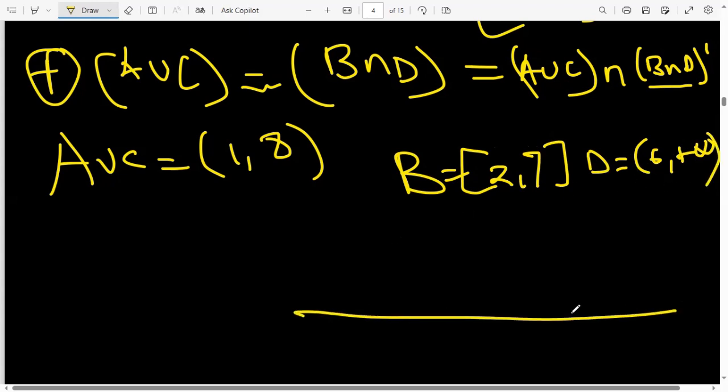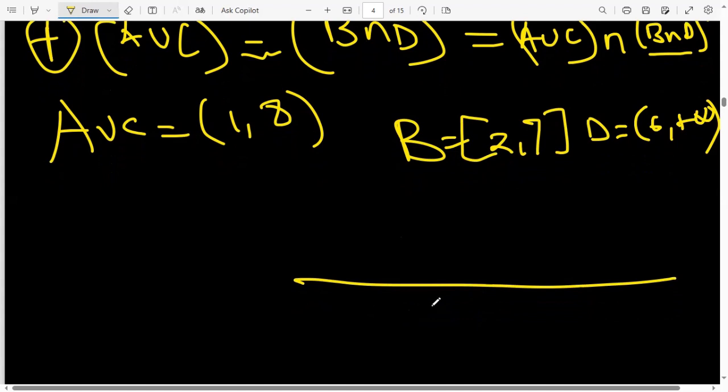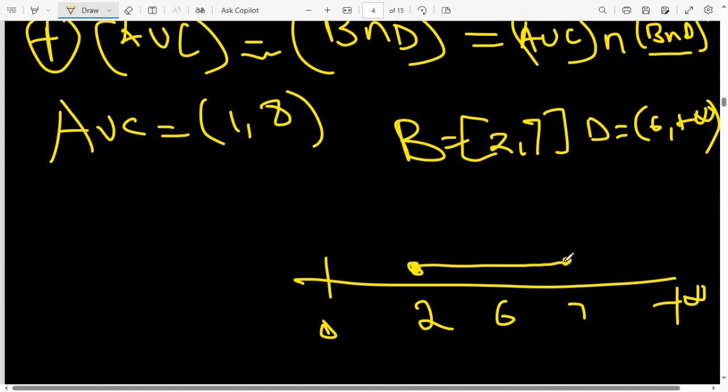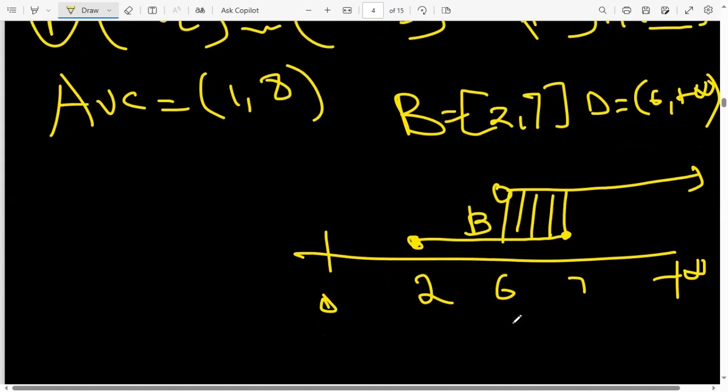If I draw a quick number line, I'm going to write 2, 6, 7, with 0 here and positive infinity here. B goes from 2 all the way to 7, and D starts from 6 all the way to positive infinity. Their intersection will just be here, from 6, and the 6 won't be included because it's not included there.